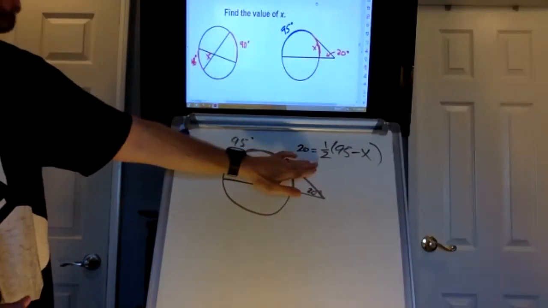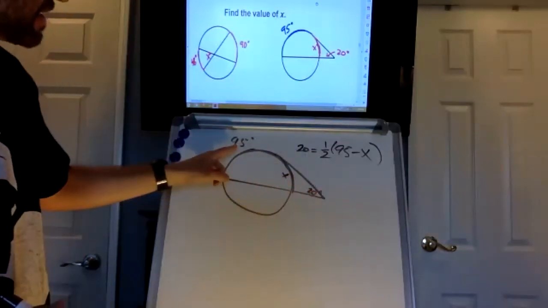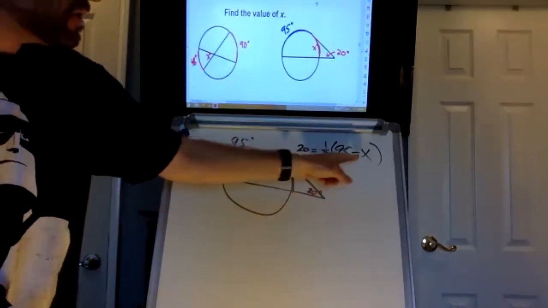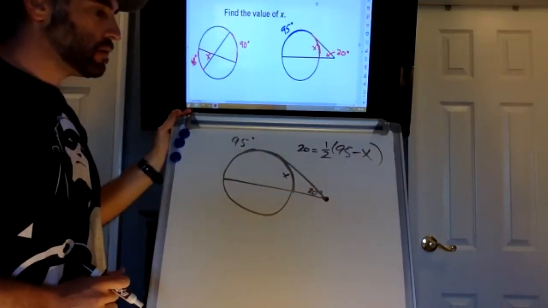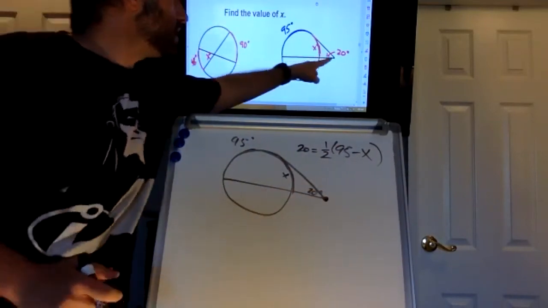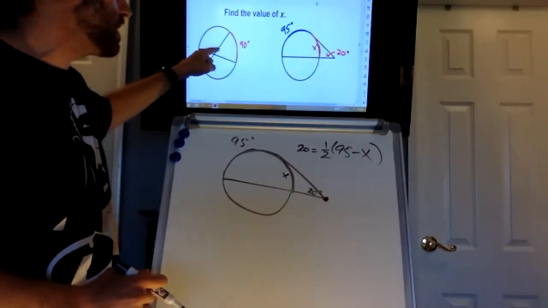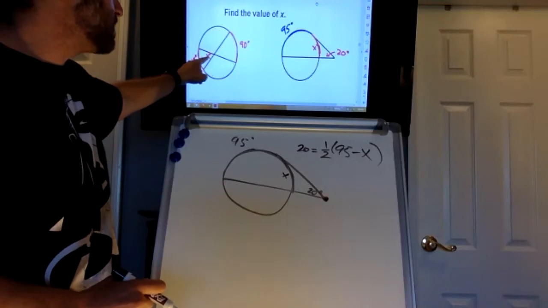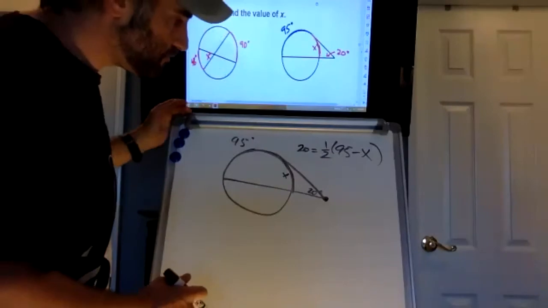Any questions so far? That angle, we proved, has to be half the difference. Why half the difference? Because this point is outside the circle. When the point is outside the circle, it's different than when the intersection of two lines occurs inside the circle. That would be that angle is half the sum of both of these. Okay, all right.